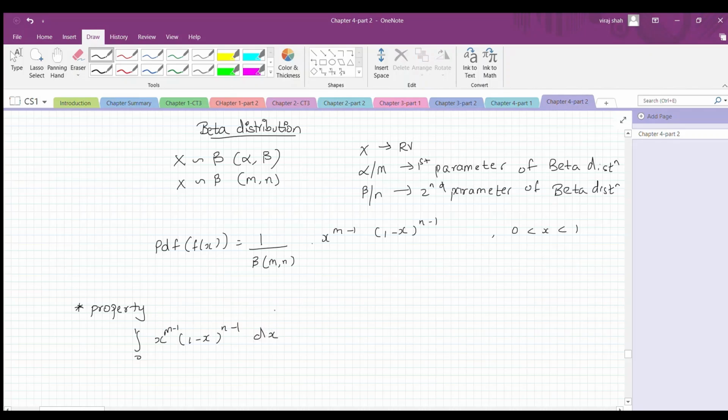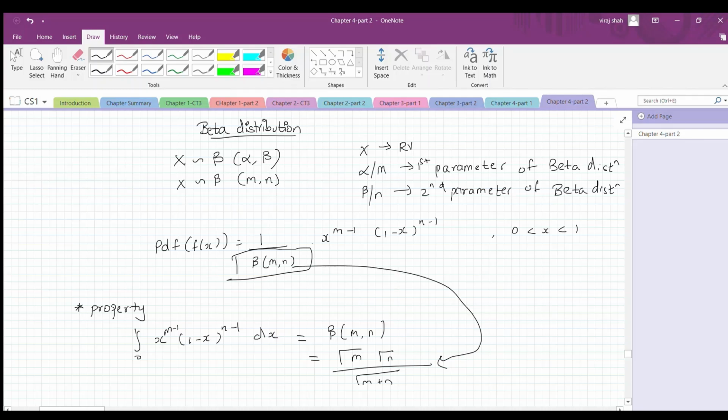This is the property, and what would be its answer? It would be beta of m comma n, and the value of this is gamma m times gamma n upon gamma of m plus n. This is the property, basically.